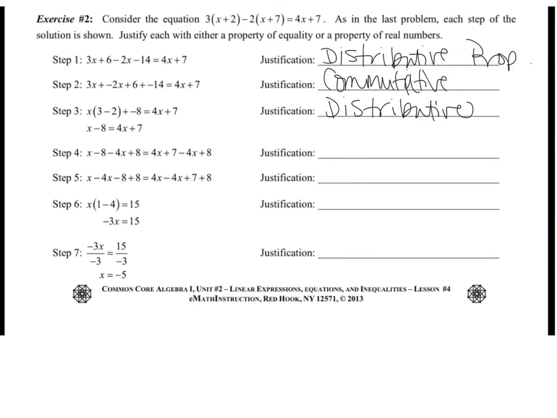The next problem, it looks like it did the additive property of equality, because it combined the like terms already, and then it subtracted 4x from both sides, so that was the additive property. And then it looks like it put the x's next to each other, so it was commutative.